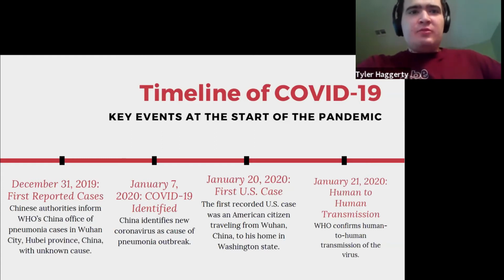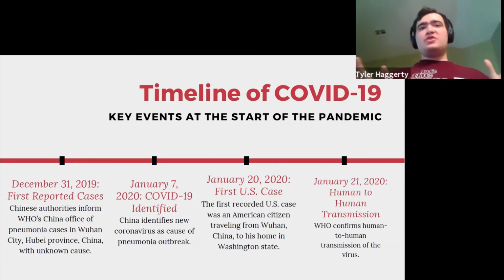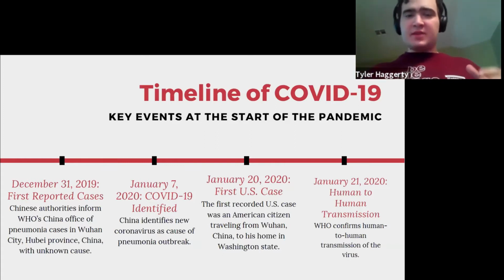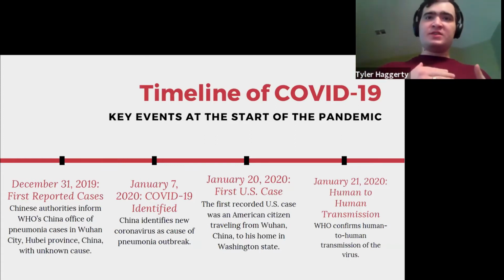On December 31st of 2019, we had the first reported cases when the Chinese authorities informed the World Health Organization's China office of a pneumonia case in Wuhan City, Hubei Province, China, with an unknown cause.